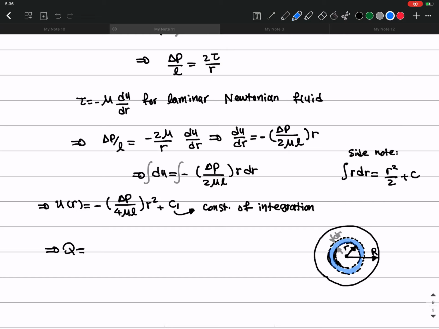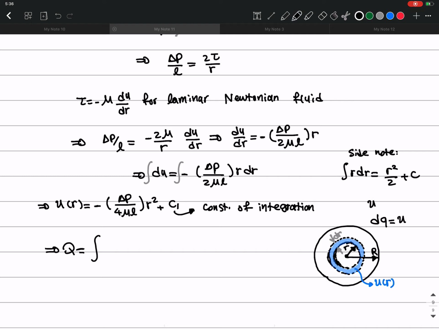So say here this small element has a velocity of u_r. Okay, so the total flow rate, the flow rate that goes out of that, is what? So if we have this, it has a dQ, say the dQ, the flow rate of this. dQ is going to be, the flow rate is what?